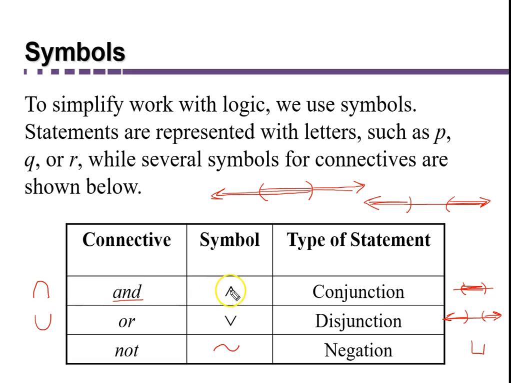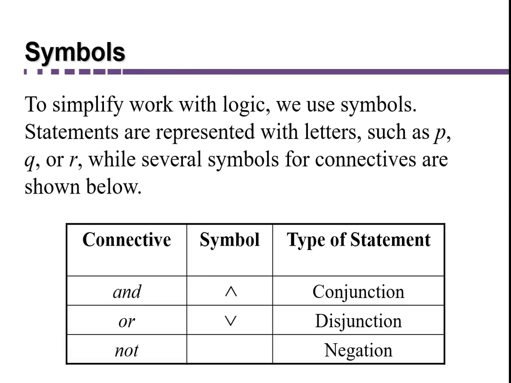It sort of opens down, where this is a U, this is more of a V pointed shape. The union, the or, has this line right here. So again, some background and some things you'll need to know for symbols and definitions.